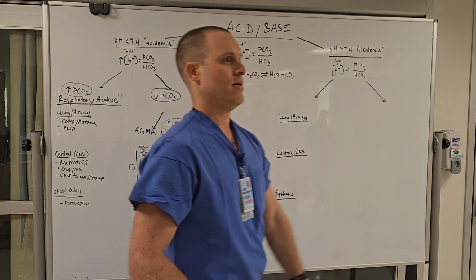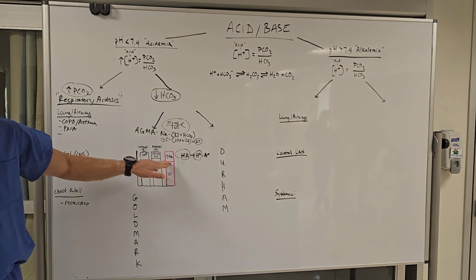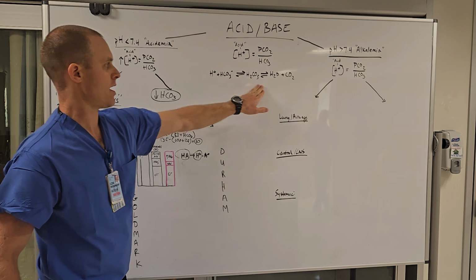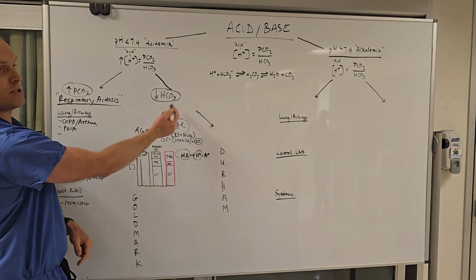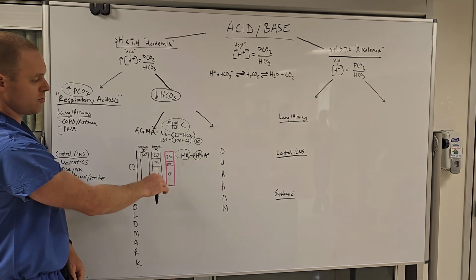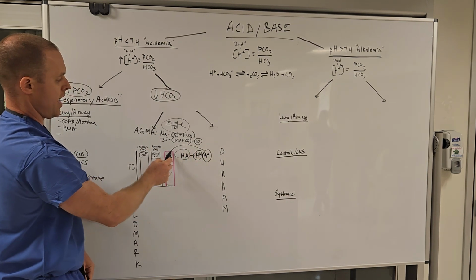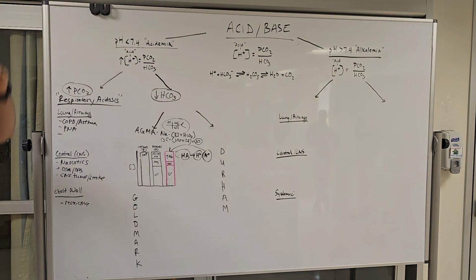So if that happens, what's going to happen to our bicarbonate as this combines with this and goes over here? Your bicarbonate's going to decrease, so it shrinks, and then your anion gets added to the anion gap pot, and it increases your anion gap. It's all to maintain electroneutrality, the feng shui, the same amount of positives and negatives.